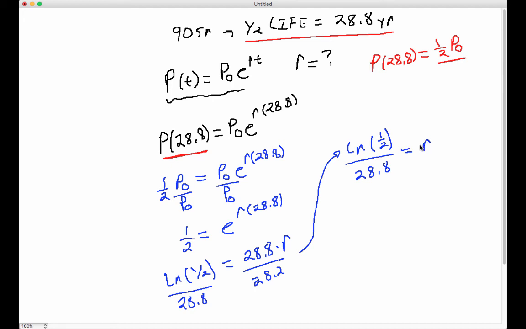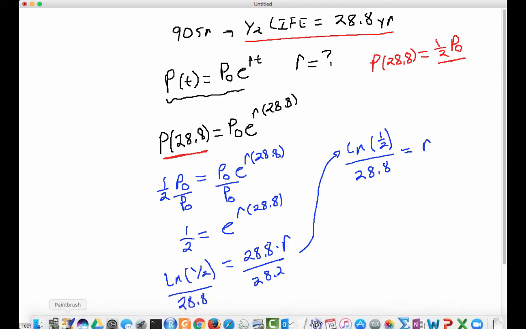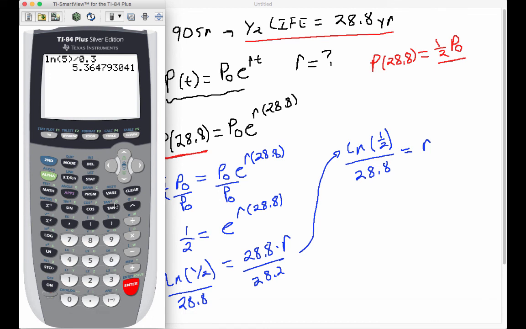So let's get the calculator in here now to help us out with that. Clear out all the crazy numbers we got in here, and let's go ln of 1 divided by 2. You can put in a 0.5 if you'd like, and then divide that by 28.8. And we see that the exponential decay rate, which is our r, is negative, indicating a decay model, negative 0.024067.